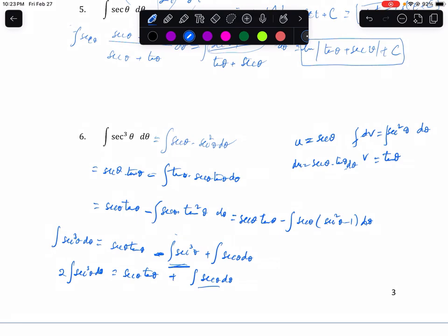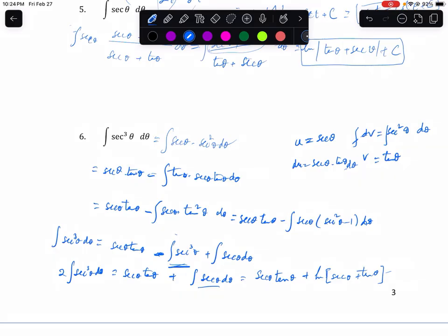So this is secant theta tangent theta plus ln of secant theta plus tangent theta. I'm not putting the plus c here, just for one step, and then we can put the plus c.